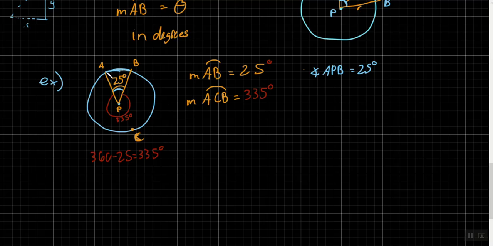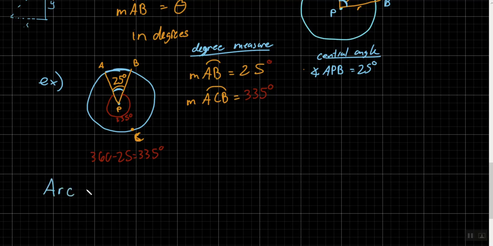So two different things. If I have 2 radii, this is my central angle, and this is my degree measure. Cool?